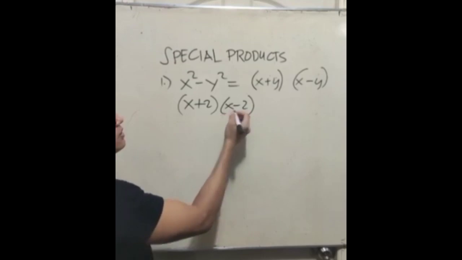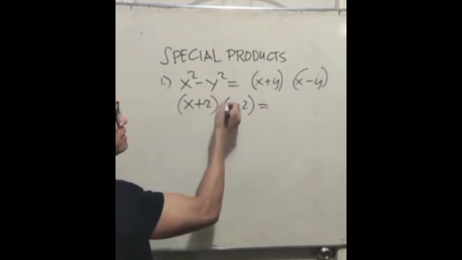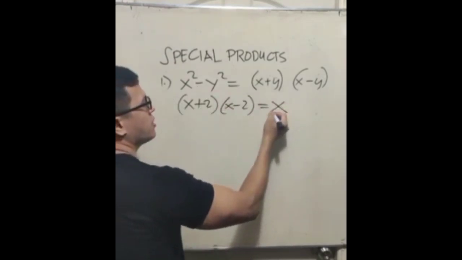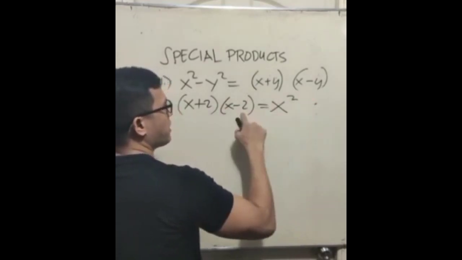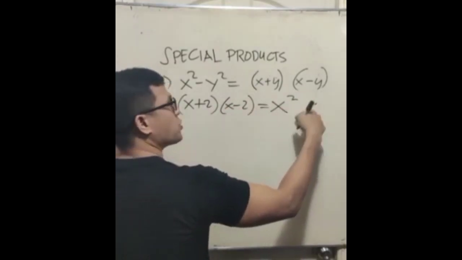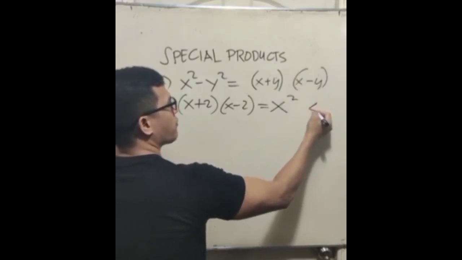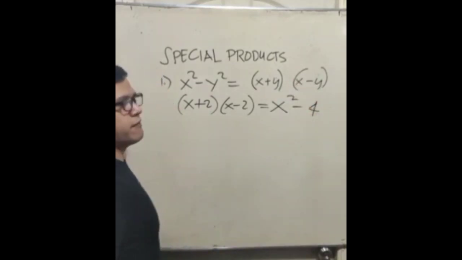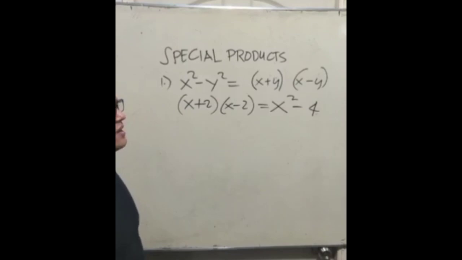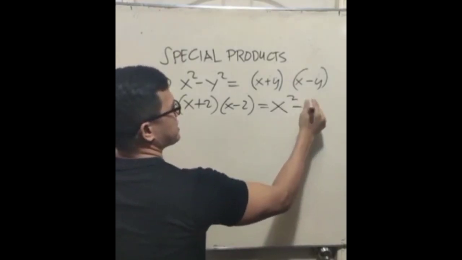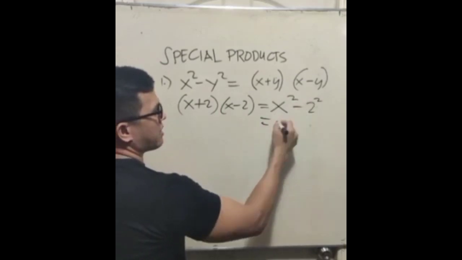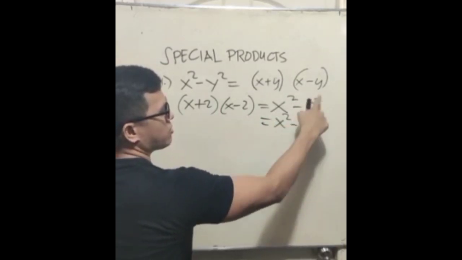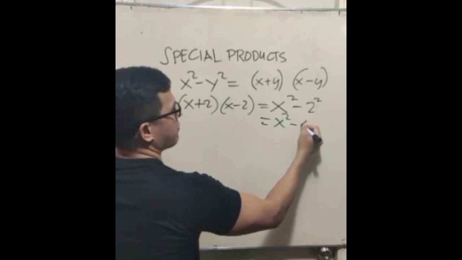Okay? So, there is no need for you to expand one by one like that. Just go directly, x squared, square the first, and square the last. The square of 2, or 2 squared, is 2 times 2, or 4. Anong sign? Negative. So that becomes x squared minus 4.